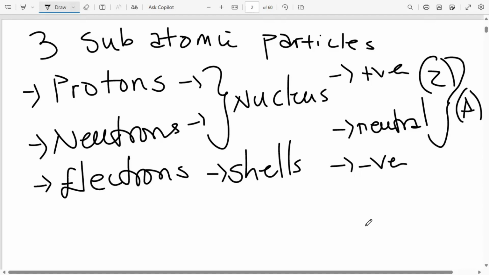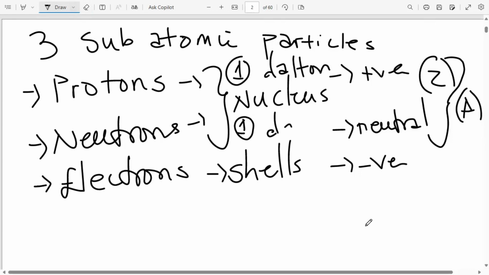The mass number of an atom is represented by the letter A. So the subatomic particles, of course, have different masses. For example, the proton has a mass of one atomic mass unit, or one AMU. The neutron also has a mass of one atomic mass unit, which can also be referred to as the Dalton, in honor of the scientist who discovered these things.